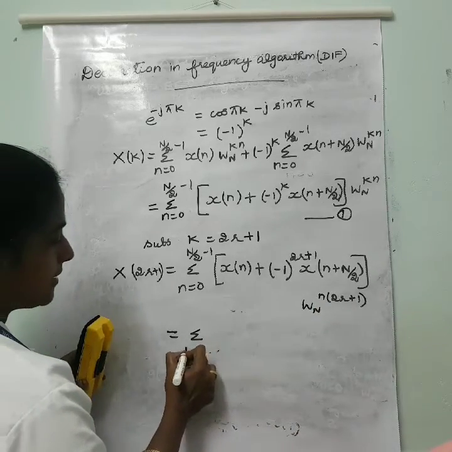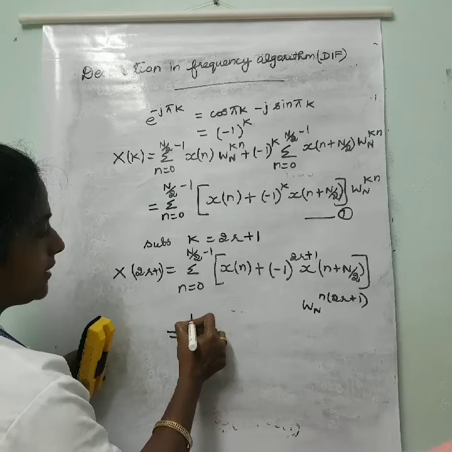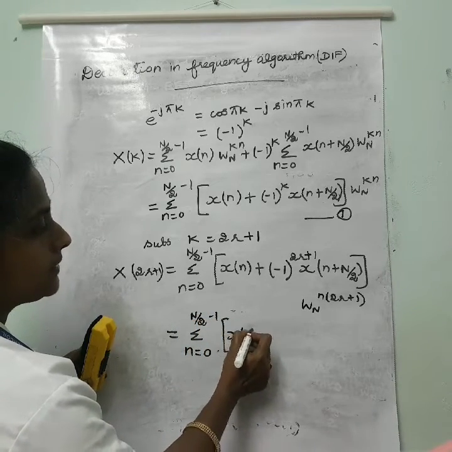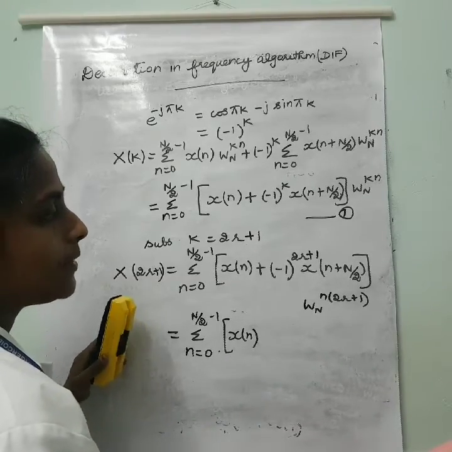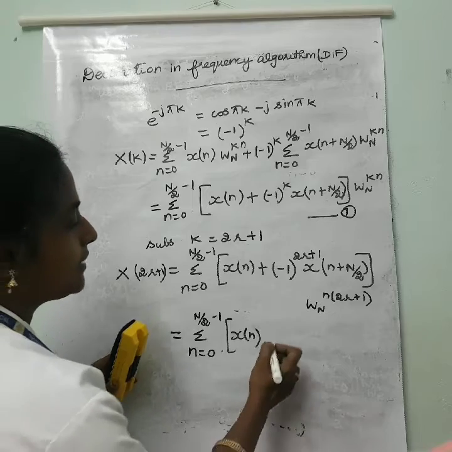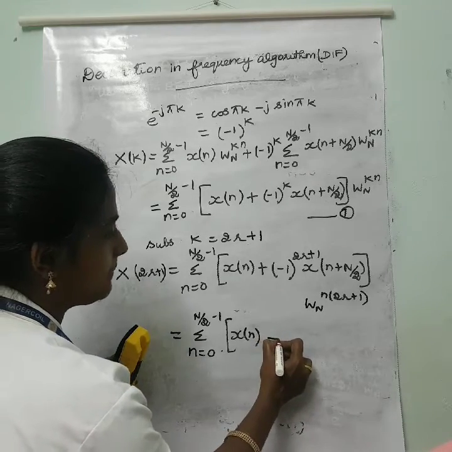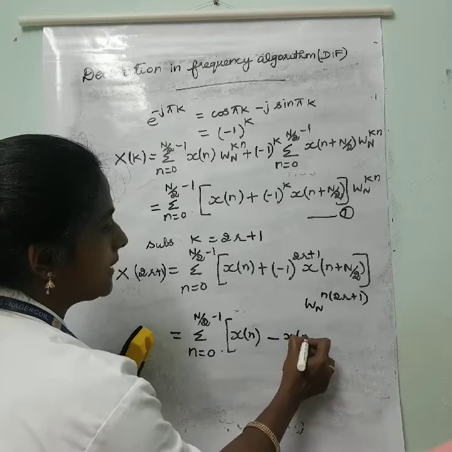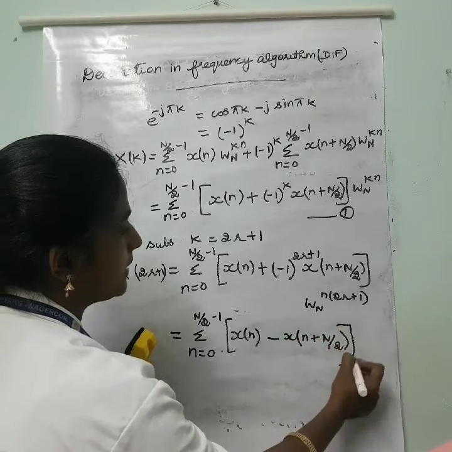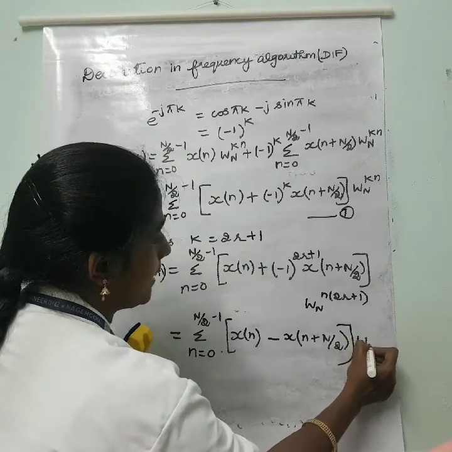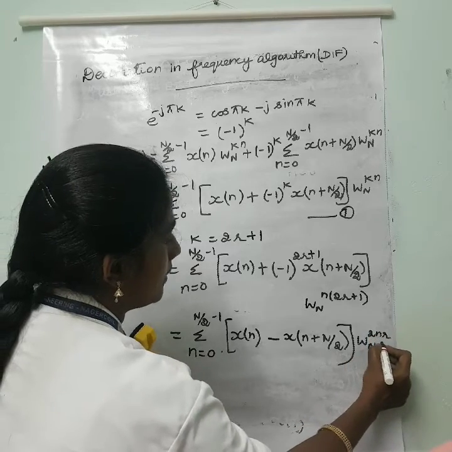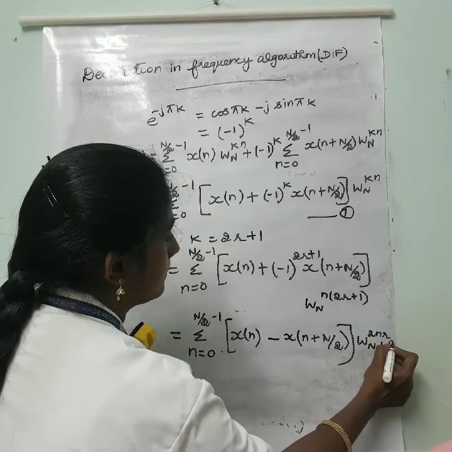So next step is summation n is equal to 0 to n by 2 minus 1 of x of n. Minus 1 power any odd term is negative 1, so you will get minus x of n plus n divided by 2, and here you multiply inside wn power 2nr into wn power n.